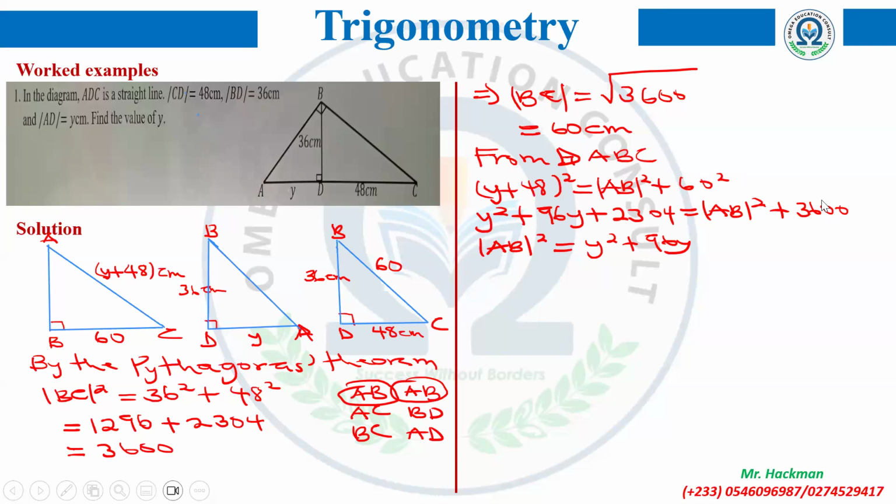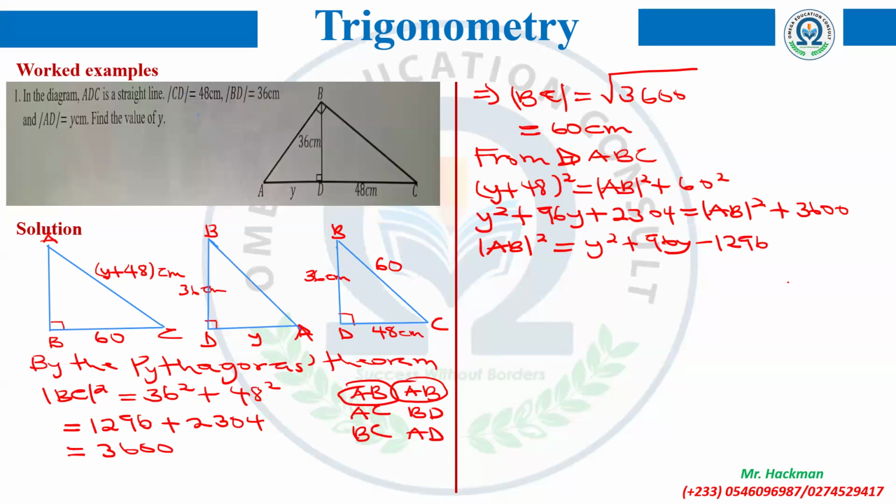You don't have to write plus or minus before you write its value. In your next step, you can subtract mentally, add mentally. So let's do that. 2304 minus 3600. Negative 1,296.